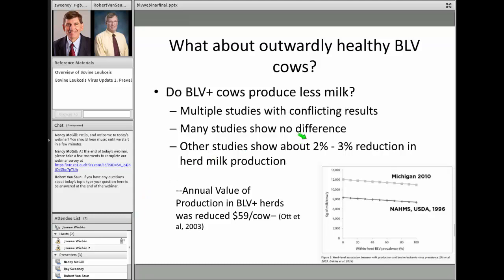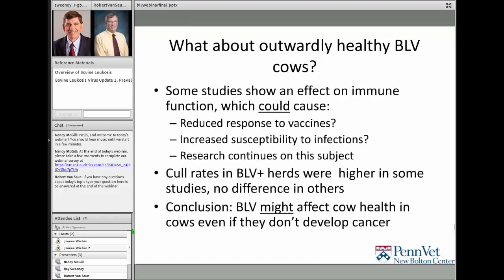A lot of that may be some of those cows that are getting cancer and they're getting off feed and not eating as well and not producing as well before they're diagnosed. But again, the impact compared with other things like Johne's disease and lameness and mastitis is not as significant.